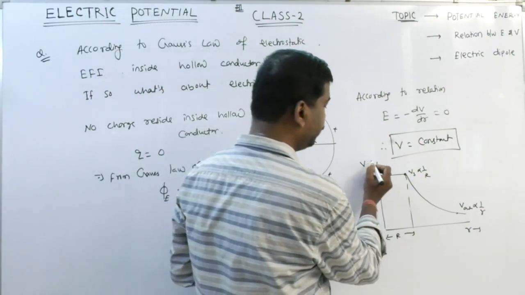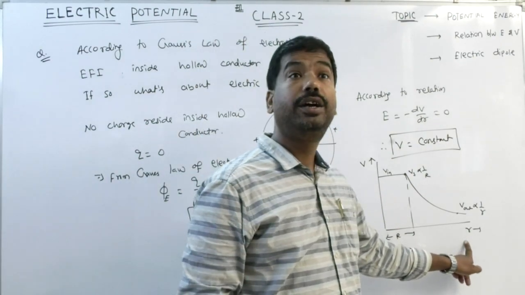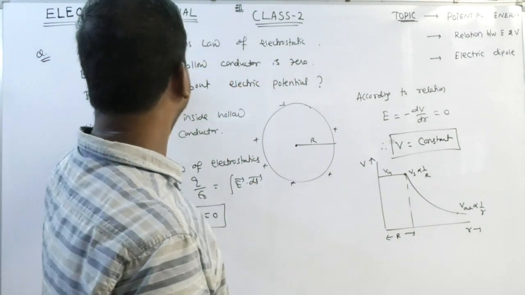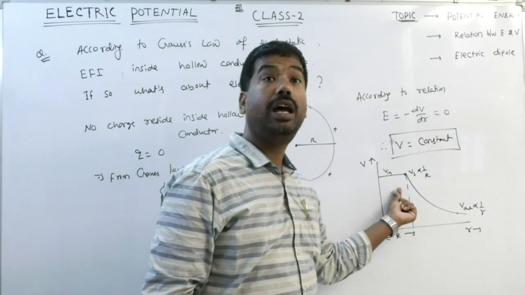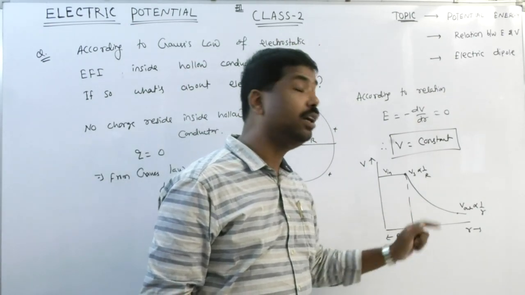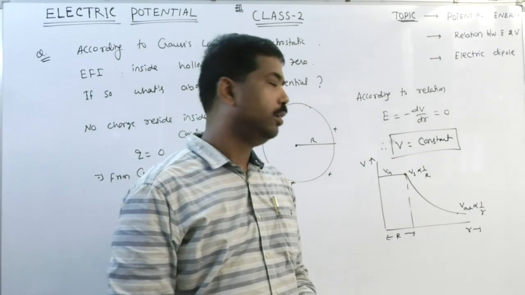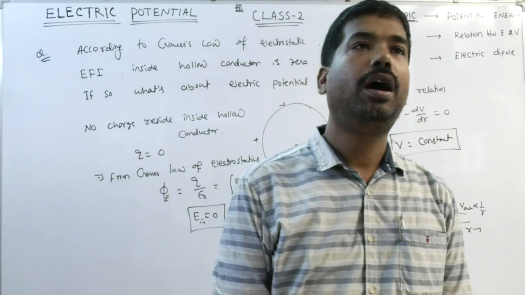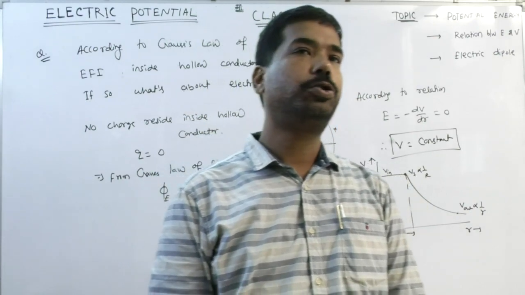So it is the graph of electric potential with distance for a hollow conductor. Clear. So inside a hollow conductor, what happens? Electric potential inside and on the surface are equal. Clear. And it gradually decreases as we move away from the center of the hollow conductor. Clear? Now the question arises.